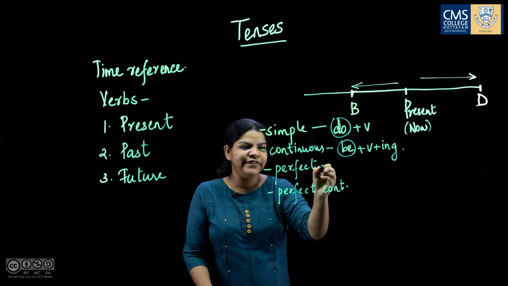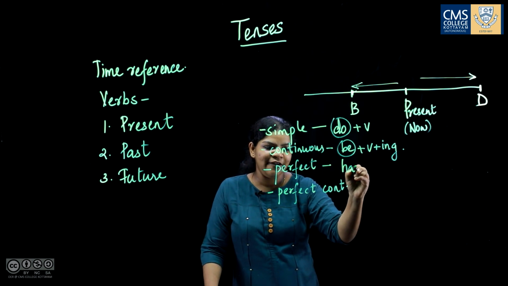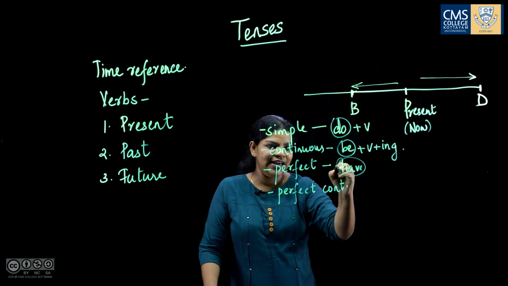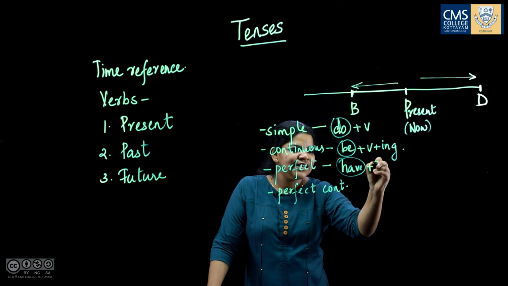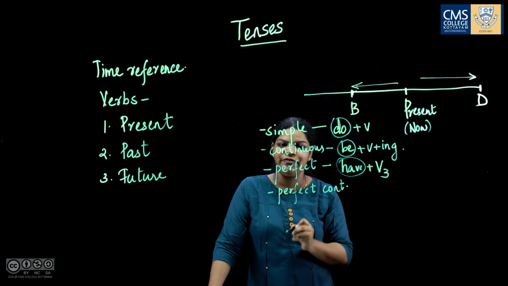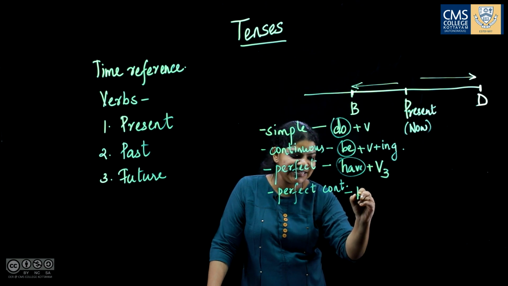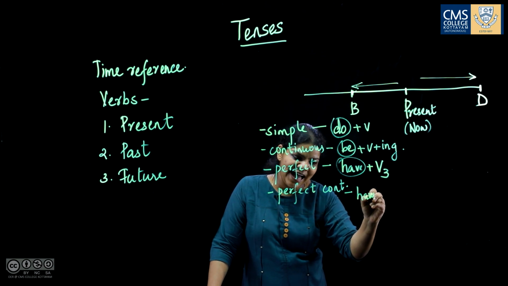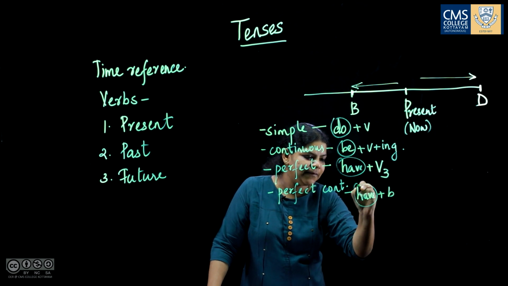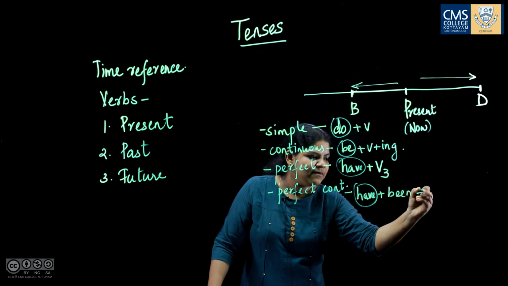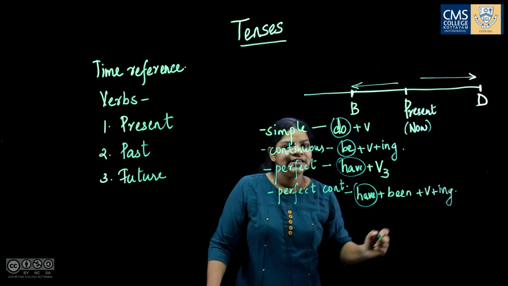The third form, perfect form, would take a form of have or has or had plus the past participle form of the verb. And the perfect continuous tense usually takes any form of have or has or had plus been plus the verb plus ing.